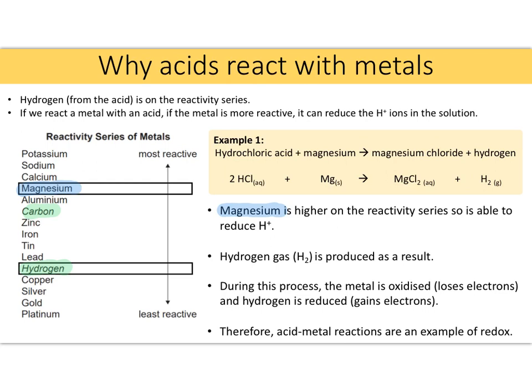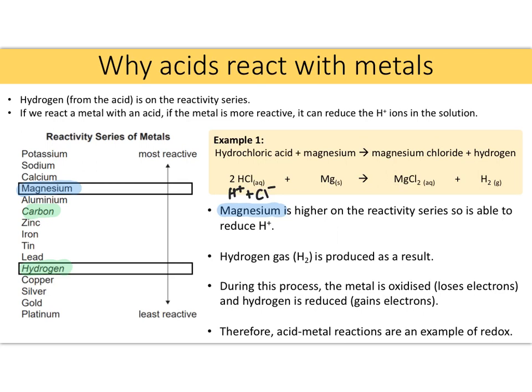So magnesium is higher on the reactivity series, and so that's able to reduce the hydrogen ions. To make that a little bit clearer, if we look at that HCl, we know that what it really means is H+ ions and Cl- ions. That's the reality in the actual solution.